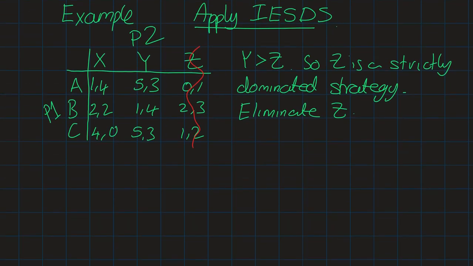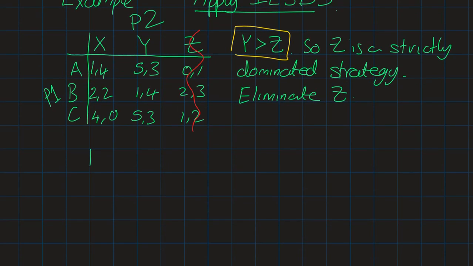I will add a note on how to answer these questions on exams and in homeworks. You're expected to write out all of this. In particular, you're expected to write out what dominates what. Then I want to see you actually cross out the column, and I definitely want to see you rewrite the whole table without the strategy which you've just eliminated.